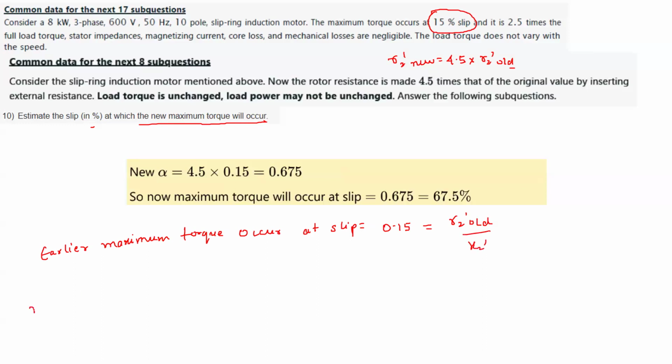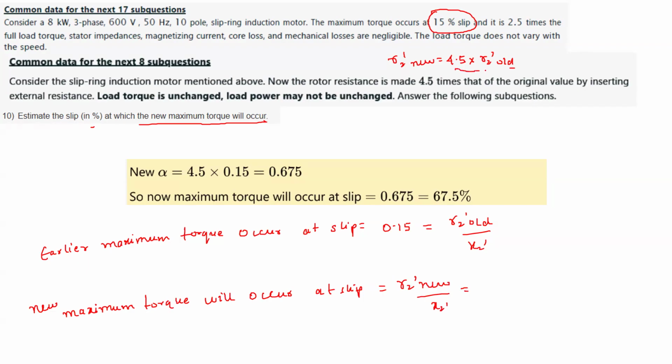Now, the new maximum torque will occur at slip R2 dash new by X2 dash.